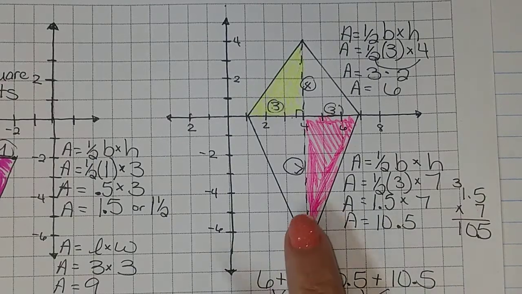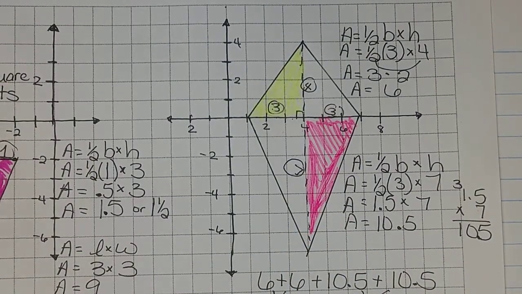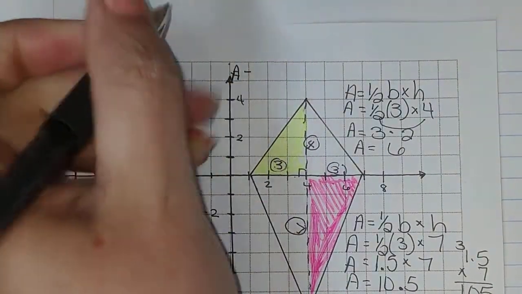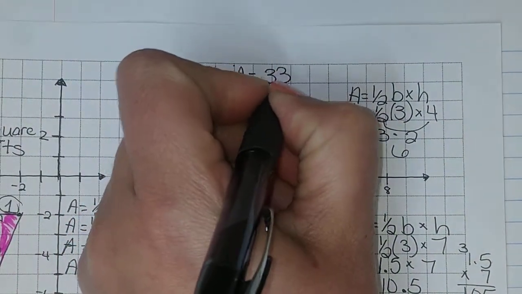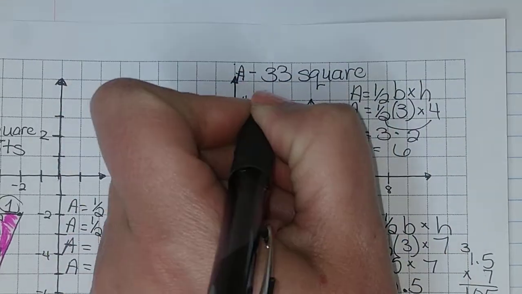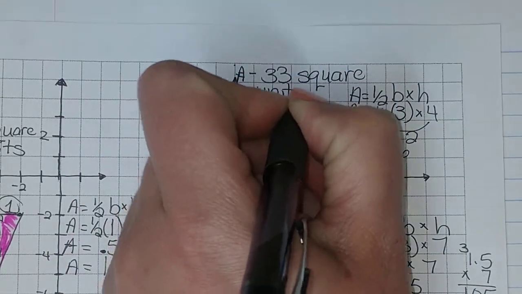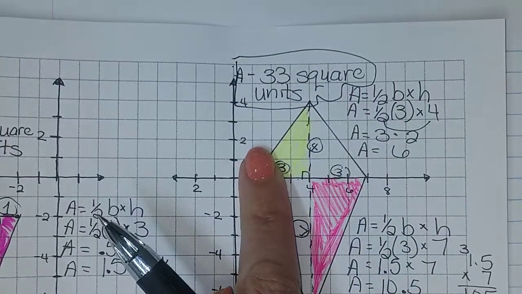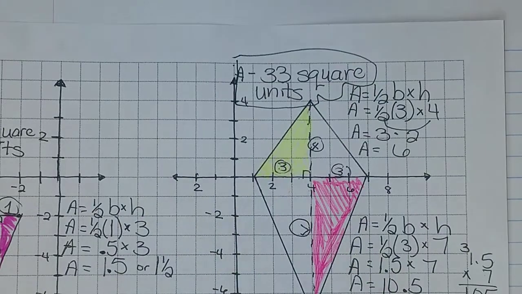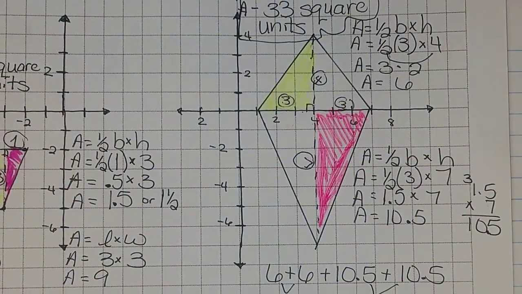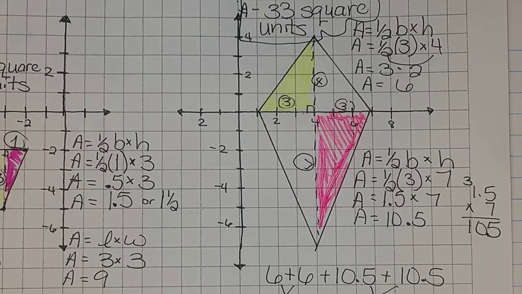So the final area of this shape would equal 33 square units. And that's because, again, I don't know whether we're talking about inches or centimeters, but I do know that they're square units.